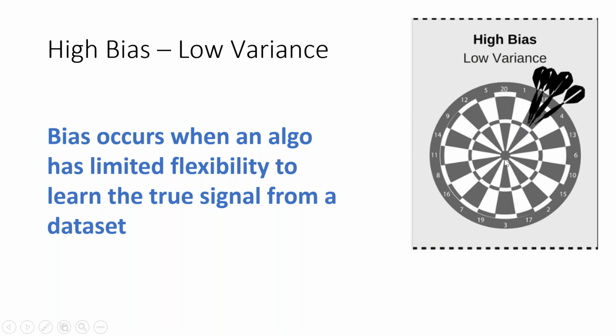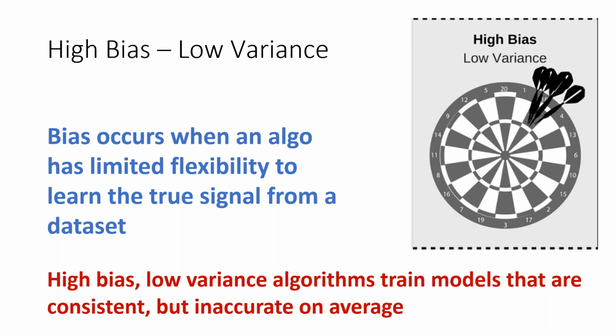High bias, low variance algorithms train models that are consistent in predictions but inaccurate on average. They give consistent outputs, but generally inaccurate. That is the problem with high bias, low variance algorithms. It means you are creating underfitted models using these algorithms.